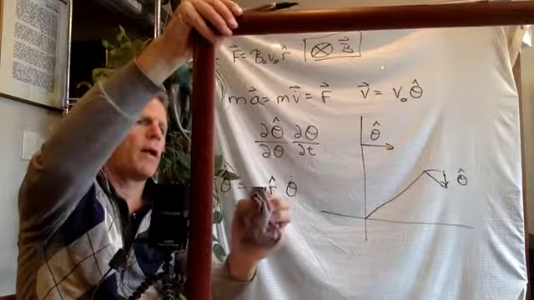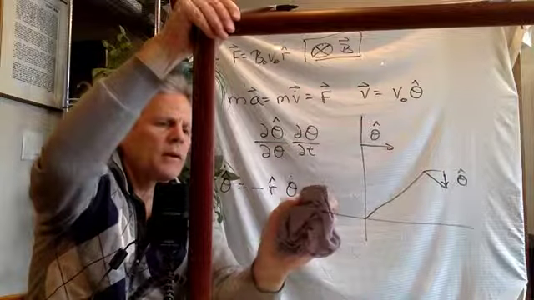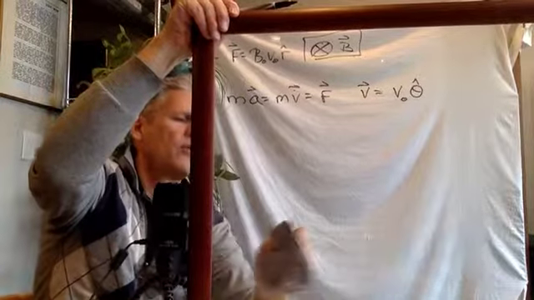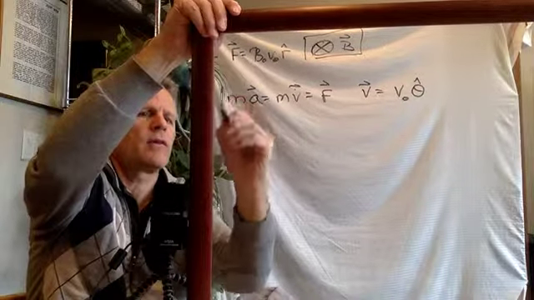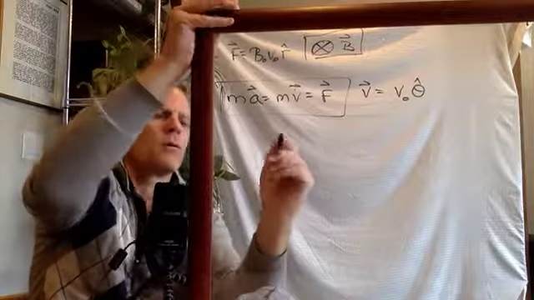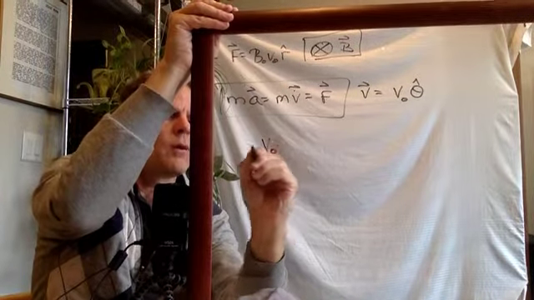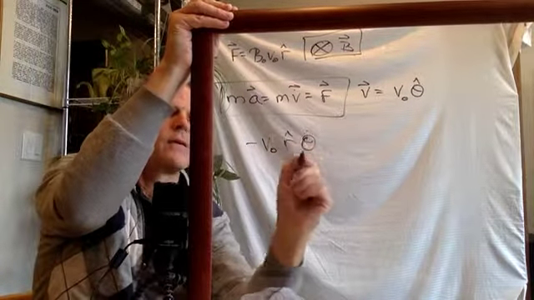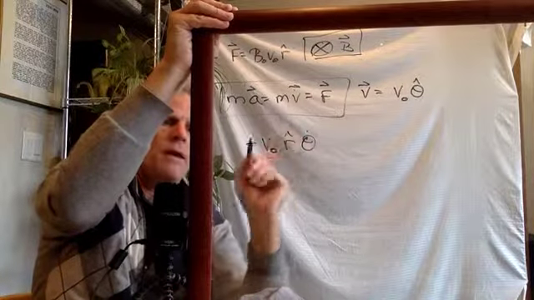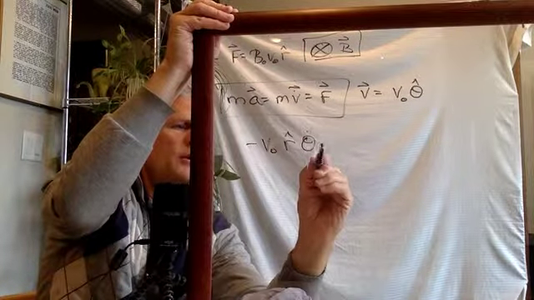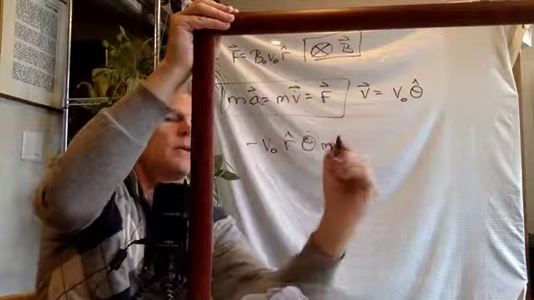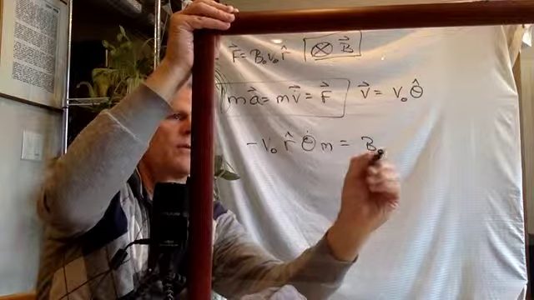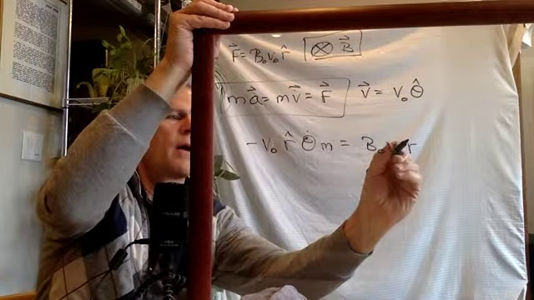So now we know what our velocity time derivative is. So let's go ahead and set that equation up once again, because all we're doing is this equation, F equals ma. So we have V0 times minus r hat theta dot, and, excuse me, I forgot the m. I'm going to just pop the m right over here. And this is ma, and this is F, B0 V0 r hat.